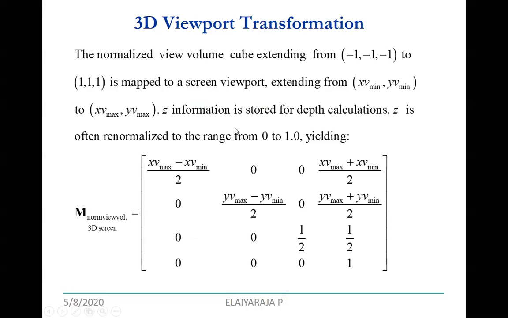Further, you have to view it on your normal screen coordinates by using viewport transformations. So the normalized view volume is a cube, extending from the minimum value to the maximum value.